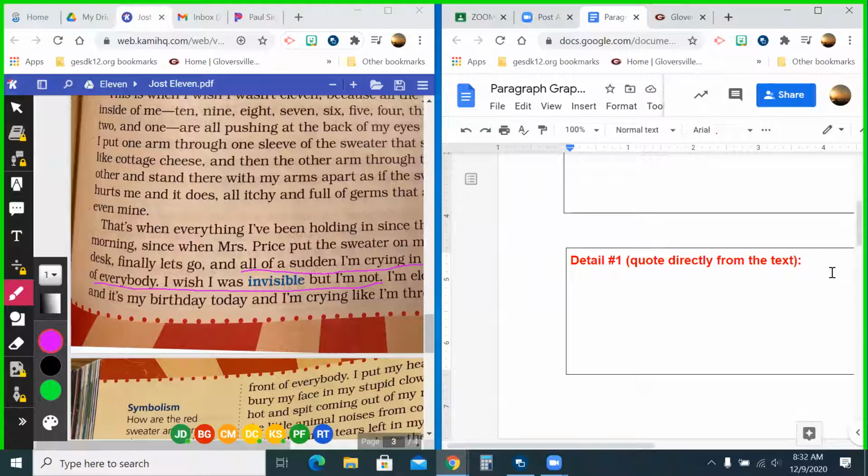Okay, this is kind of important. The more information you put on your graphic organizer, the easier your paragraph will be to write when you go to write your paragraph. Why are you looking at me like I have two heads, Bella? Okay, so you remember those transition phrases?